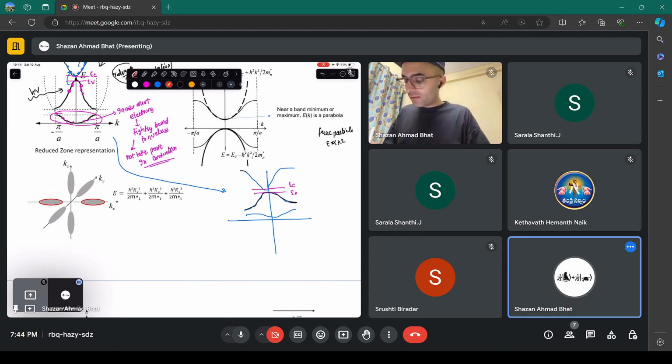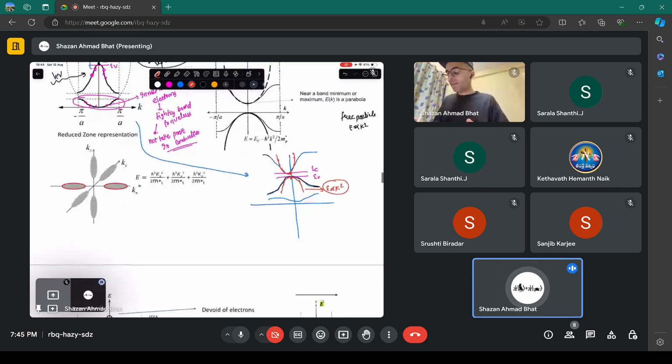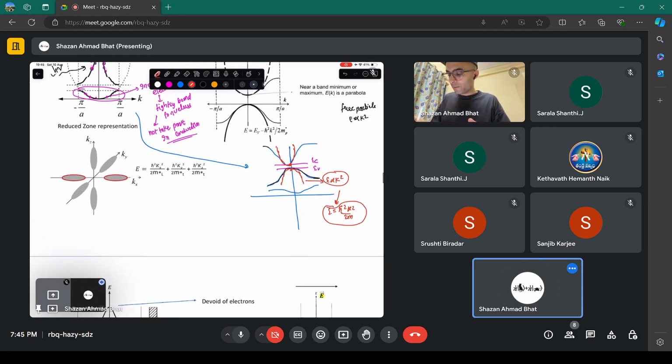But around the zero point, you can fit a parabola to it, just like this, approximately. And you can model this as E directly proportional to k square. That is why most of the time, even in semiconductors, we write E equals h bar square k square divided by 2m. Otherwise, this is a very simplistic region, if we are only considering electrons to be in this particular region.